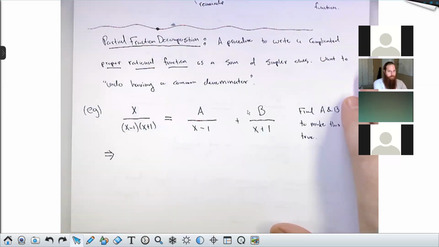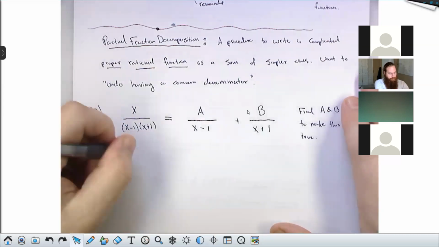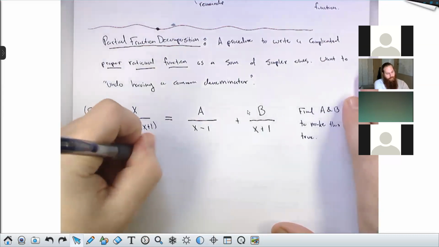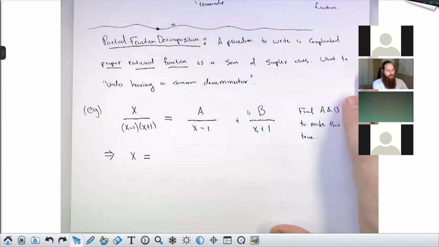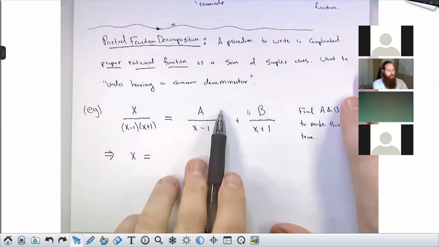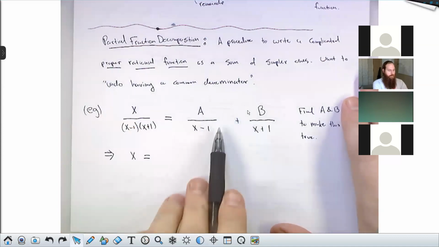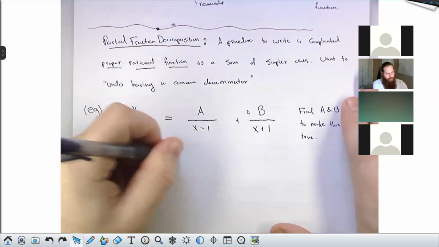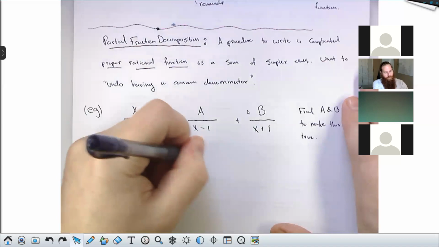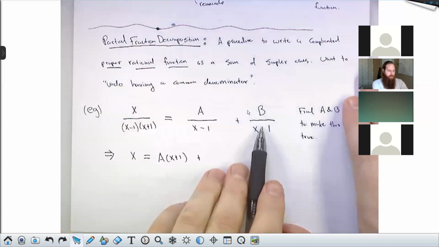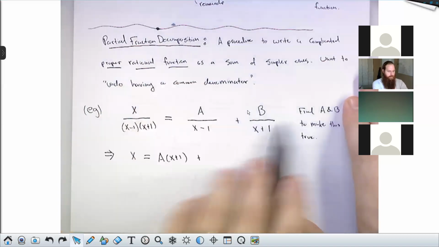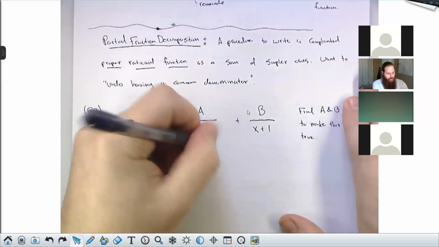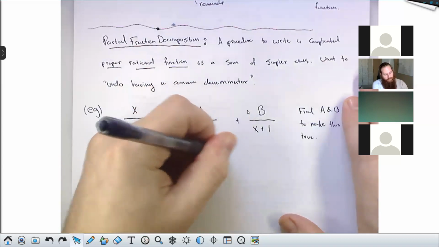Both of the factors cancel from the denominator. On the right-hand side, if I multiply this by x minus 1 times x plus 1, the x minus 1s will cancel, and I'll be left with a times x plus 1. And similarly here, the x plus 1s would cancel, and I'll be left with b times x minus 1.